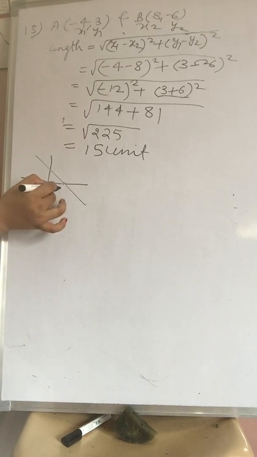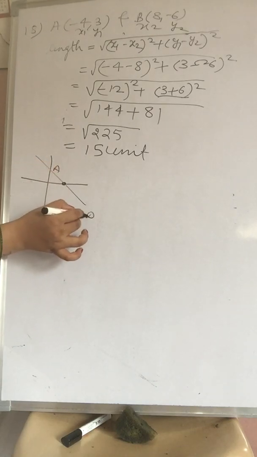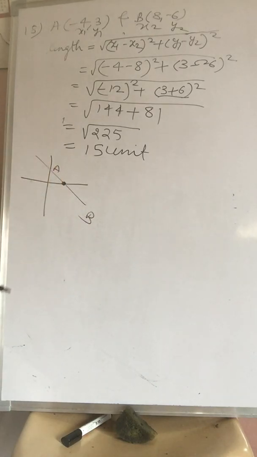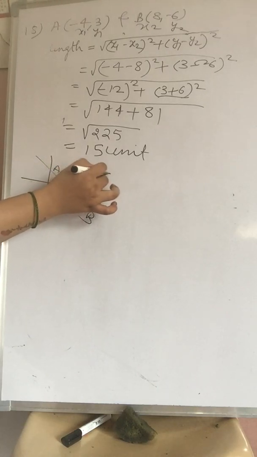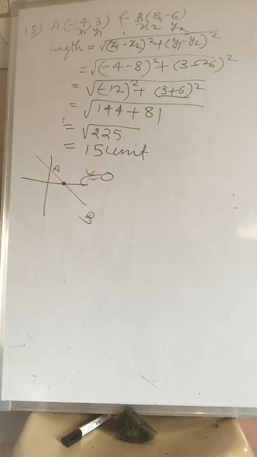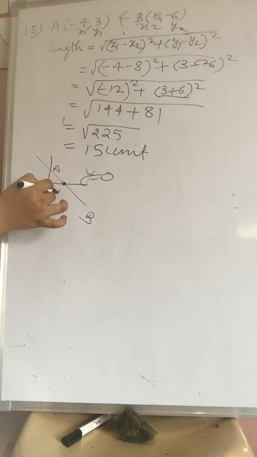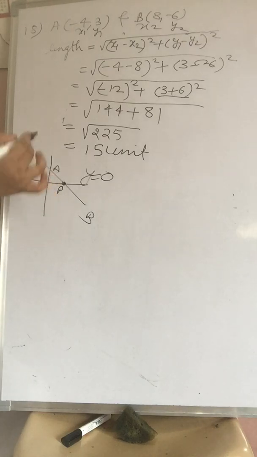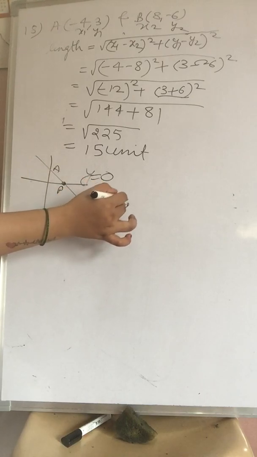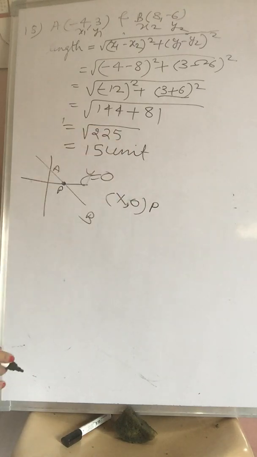This point divides the line AB. When the x-axis divides it, it means that the value of y is 0. So apply the formula. Suppose this point is P. At P, the coordinate is x comma 0.